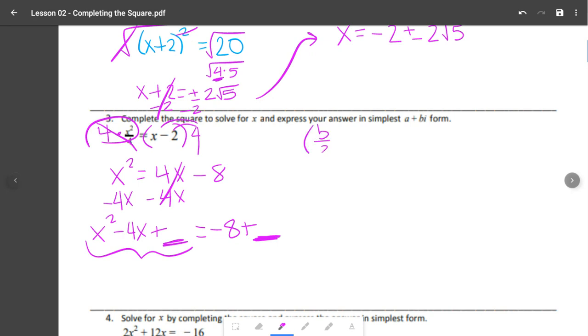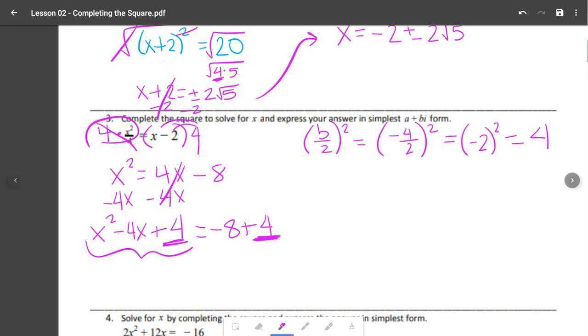So again, half of the b squared will get that number for us. So the b in this case is negative 4. Taking half of that, you get negative 2 squared. And squaring it, remember we do get a positive 4 after squaring.